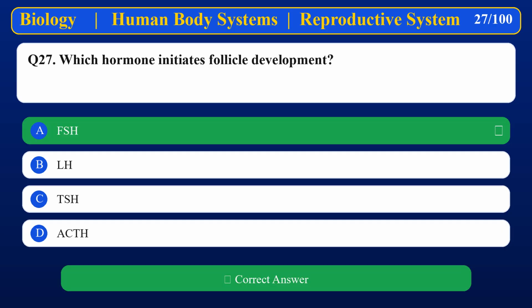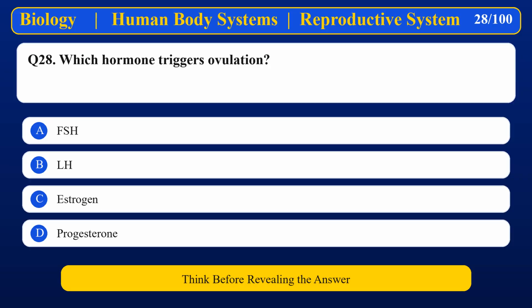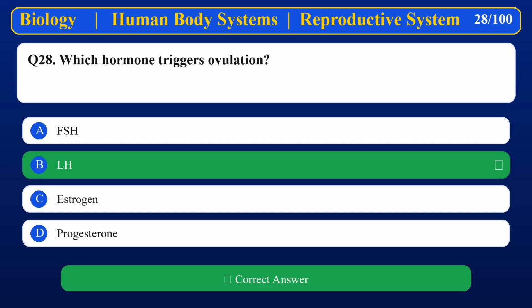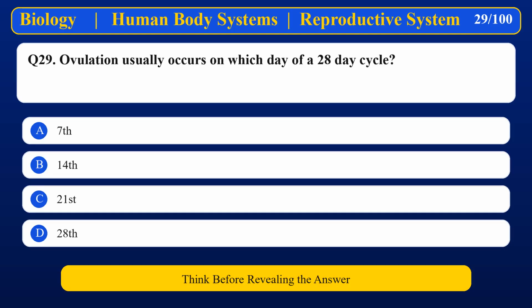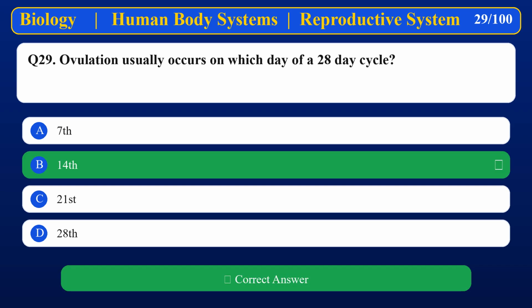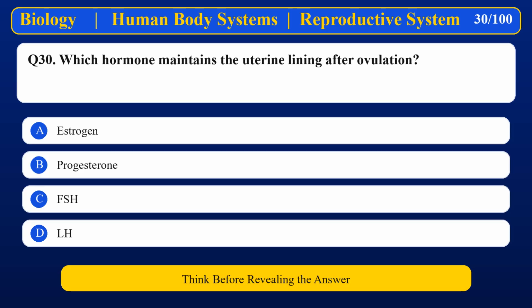FSH. Which hormone triggers ovulation? LH. Ovulation usually occurs on which day of a 28-day cycle? 14th.